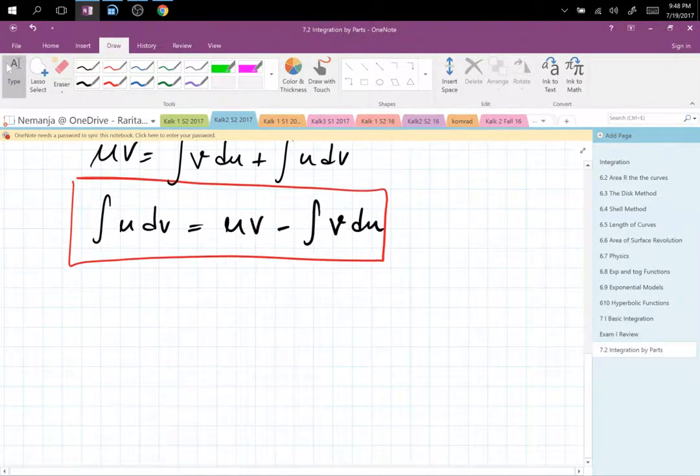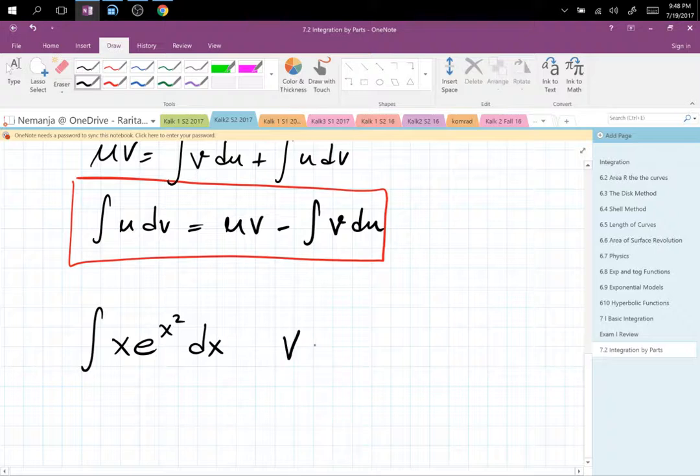So practice, practice, practice, and you will eventually be able to recognize which are the proper integrals to use this method. So I'm going to show two separate problems here which look very similar.